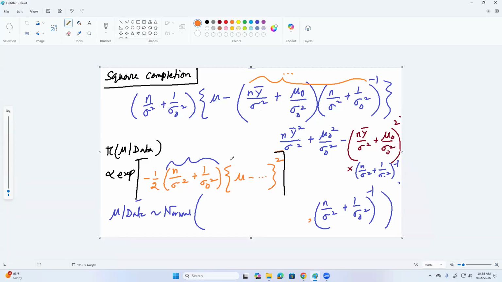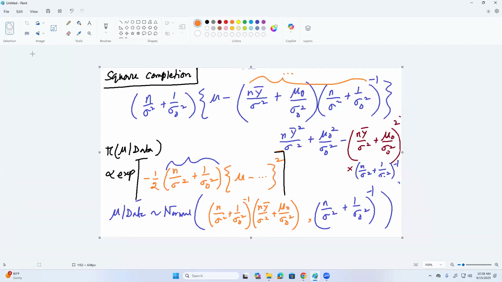And the mean is n over sigma square plus 1 over sigma naught square, inverse, and then n y bar over sigma square plus mu 0 over sigma 0 square. This is the posterior distribution of mu.